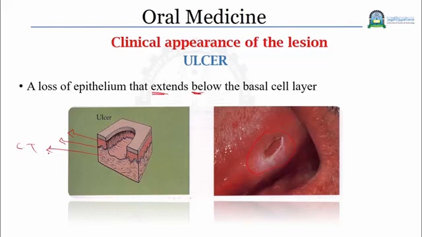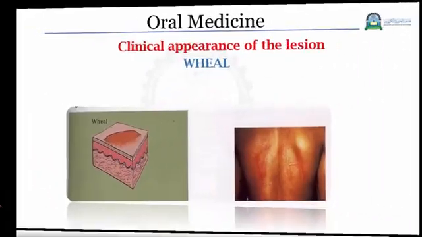Examples of erosion are traumatic denudation due to hard food or thermal trauma, and examples of ulcers are traumatic ulcers or aphthous ulcers. The ulcer is differentiated from the erosion by the depth.